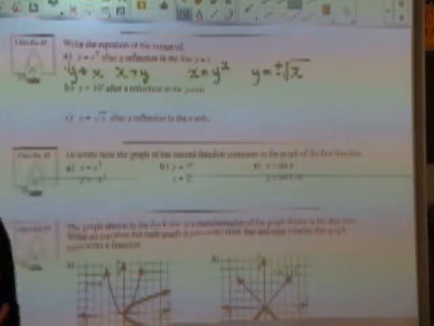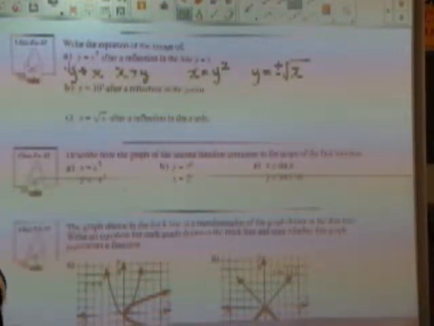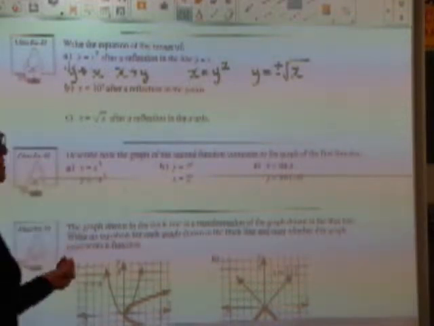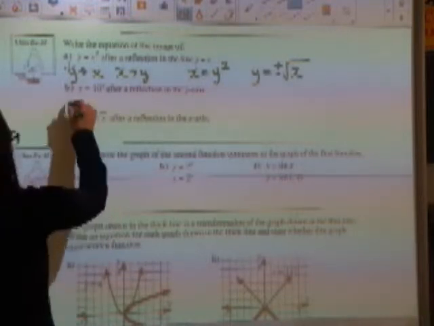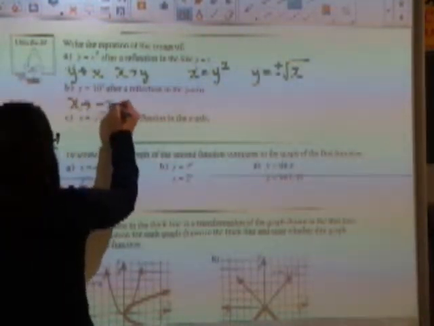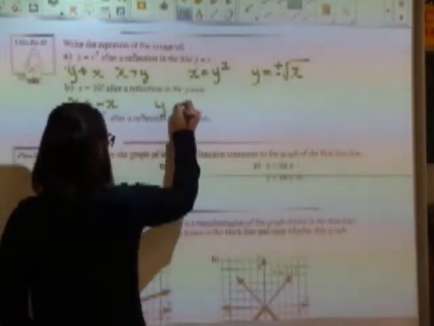With B, I have a reflection in the y-axis. So if I reflect in the y-axis, what is my replacement? X with negative x. So what's my equation going to be? Yes.